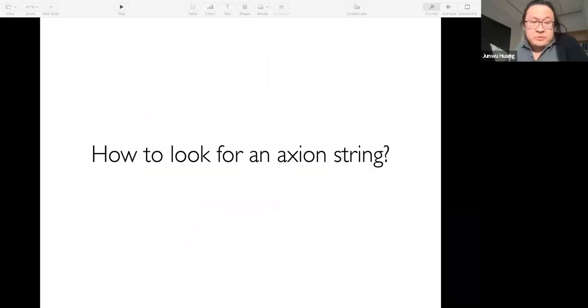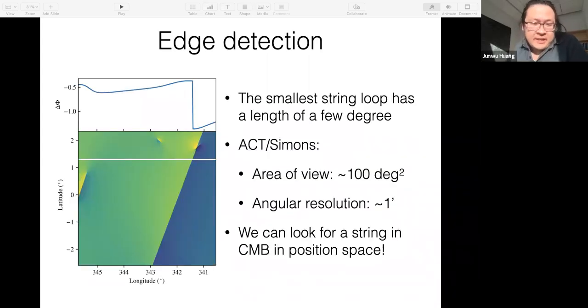Good. So how do we do that? Here we have a zoomed version of the figure that I showed you before. These numbers are in degrees, so we are looking at a patch which is a few degrees by a few degrees in size.